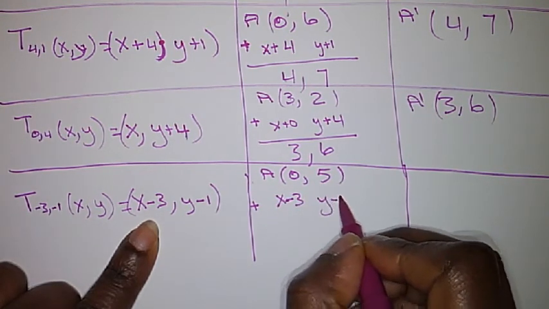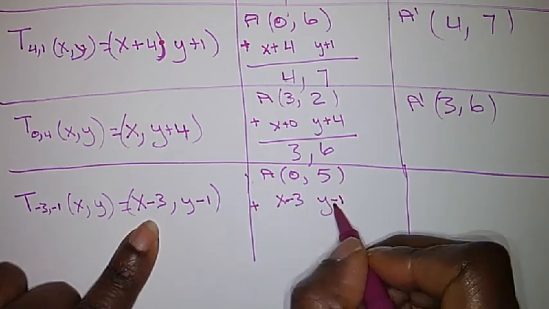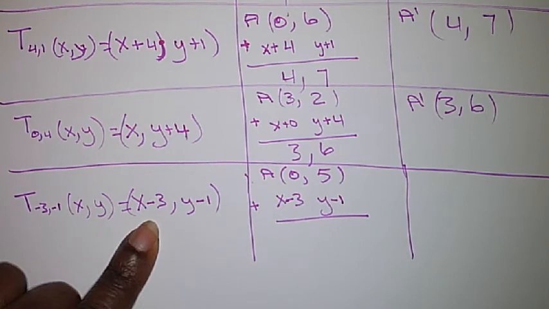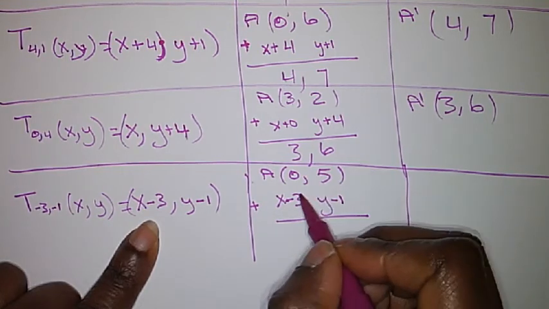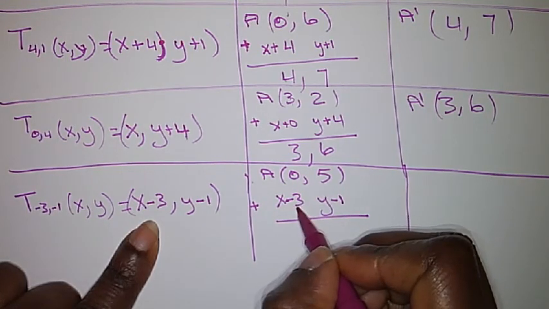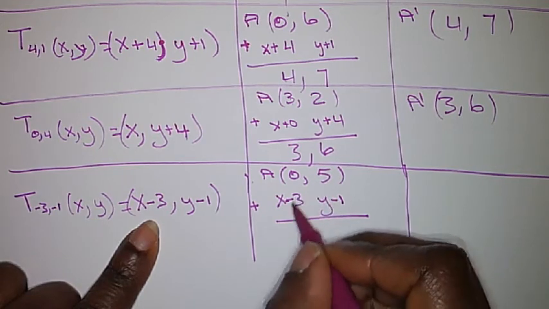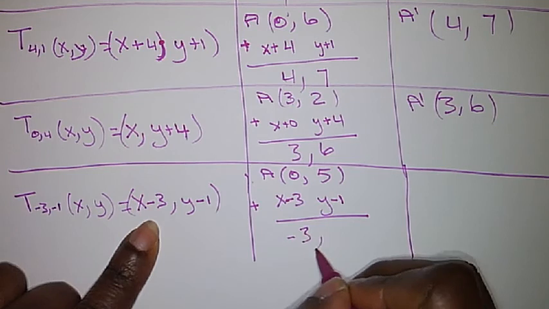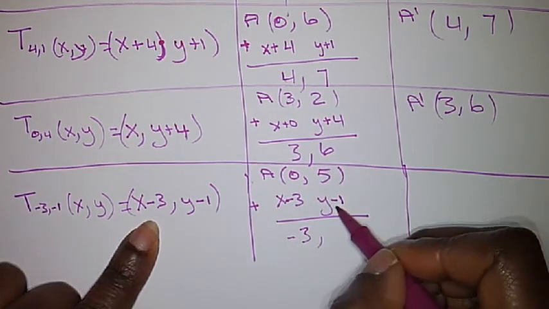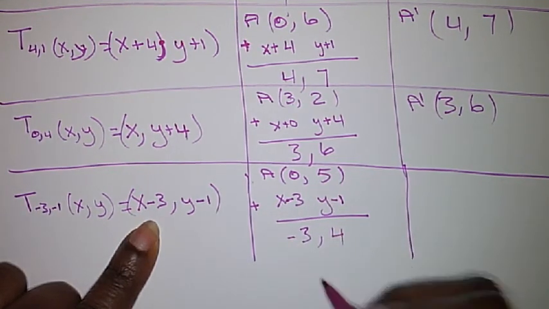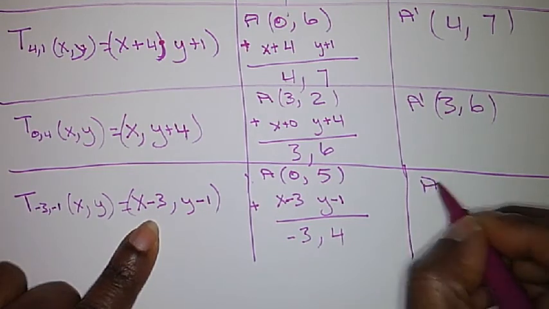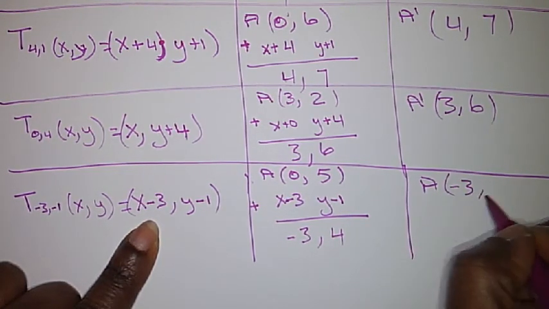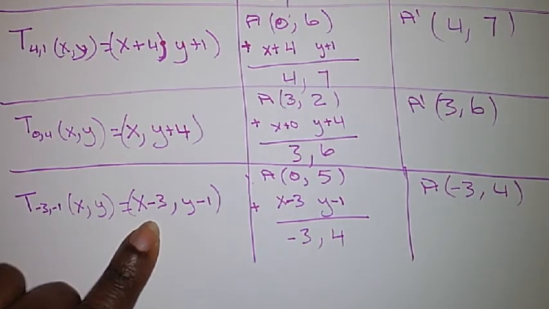Y -1, I'm going to add -1 to 5. Okay? So my shift is 0 plus -3. That's -3. 5 plus -1, that's 4. So my translation is -3, 4.